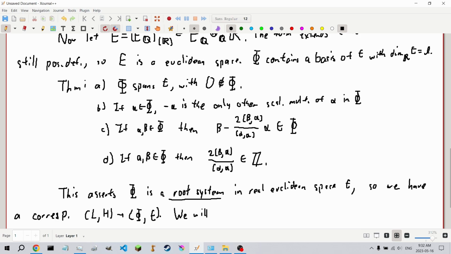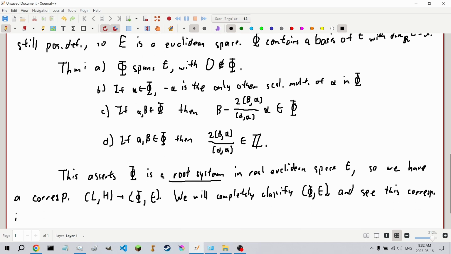We will completely classify these pairs of phi and E and see that this correspondence is 1-to-1 and phi does not depend on H, I think.